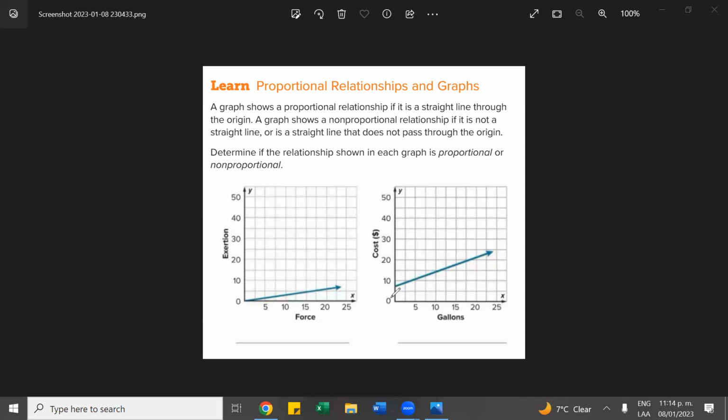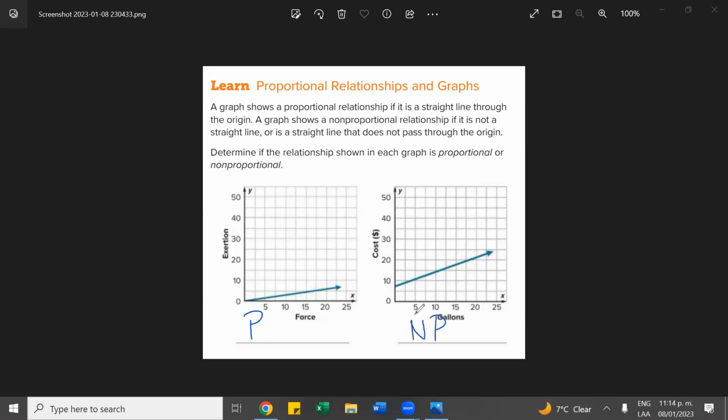And in this graph, the origin is right here, but the graph doesn't start from the origin. So the first one would be a proportional relationship because it begins at the origin. This other one would be non-proportional because it does not begin at the origin.